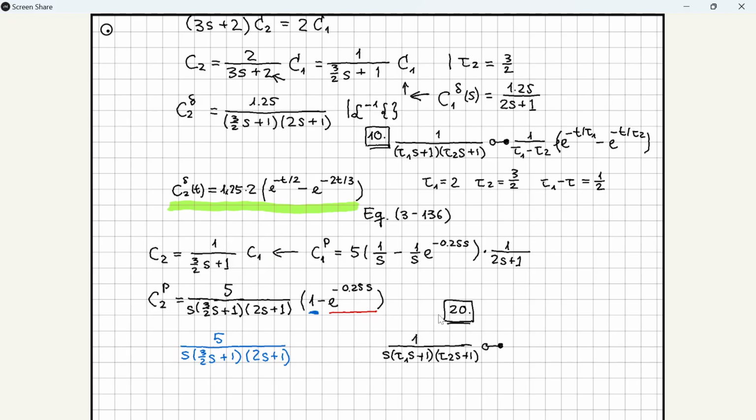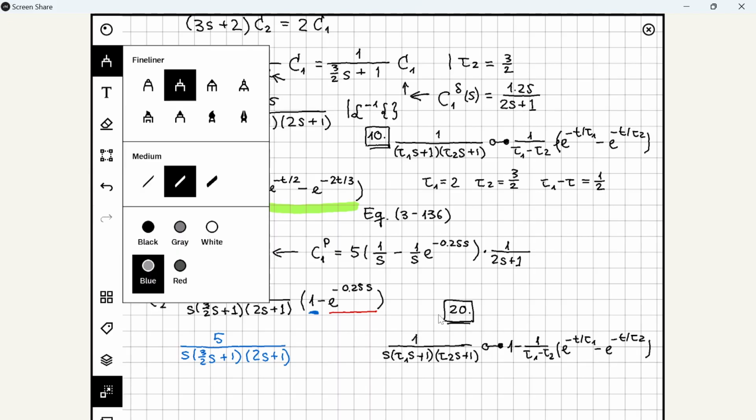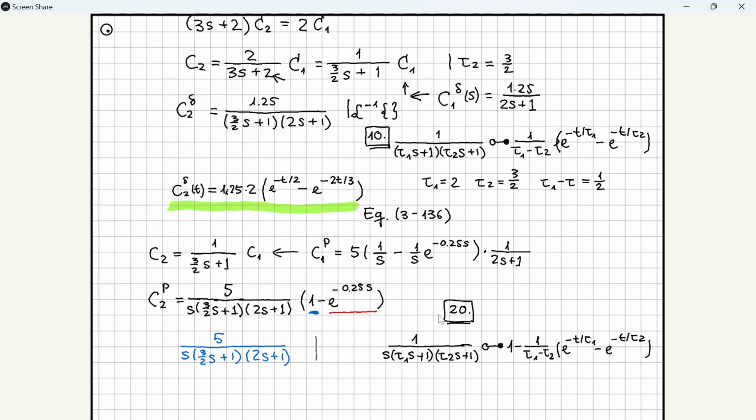it corresponds in the time domain to 1 minus 1 over tau 1 minus tau 2 e to the minus t divided by tau 1 minus e to the minus t divided by tau 2. Whew. Okay, so now I can take the blue part and I can do the inverse Laplace transform with this.